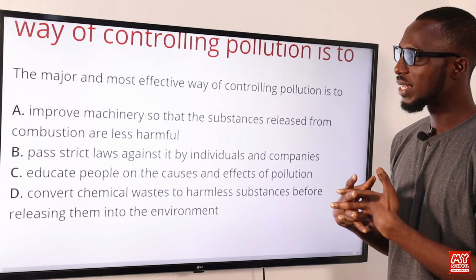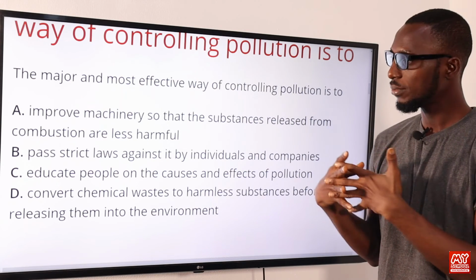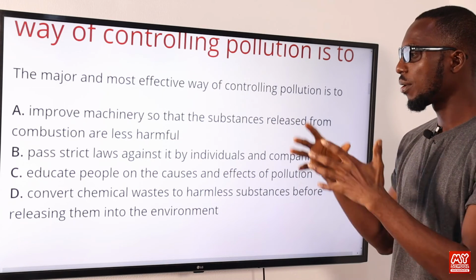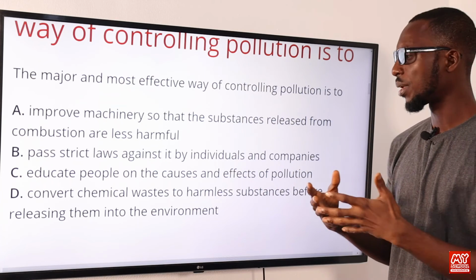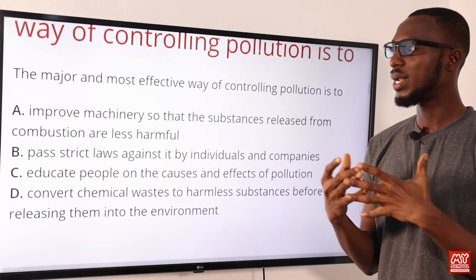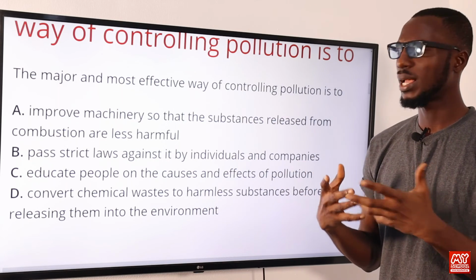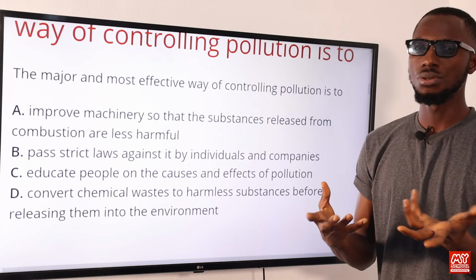Okay, let's look at option C, educate people on the causes and effects of pollution. Okay, so this looks most appealing to me because all of this boils down to activities of humans. So when people are educated about the causes, what actually leads to pollution, it shouldn't even be only machines. There can be other activities that humans do that contribute to pollution.